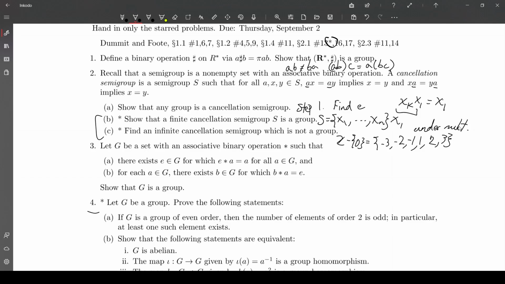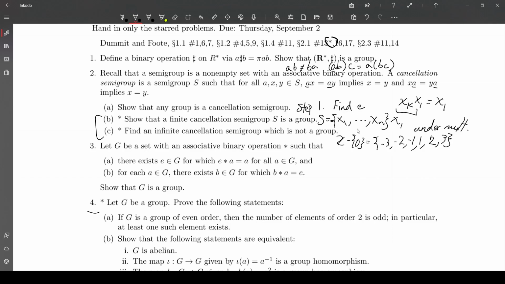So you have cancellation because if ax equals ay and these are all non-zero integers, then we can pass up to the rational numbers and divide by a, basically because the integers have no zero divisors, which is an algebra term for rings.